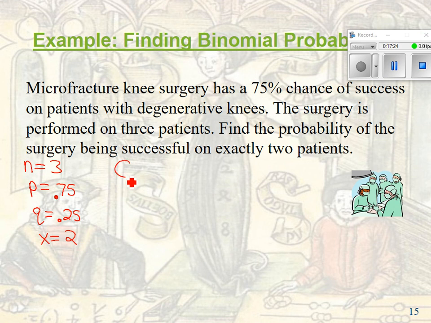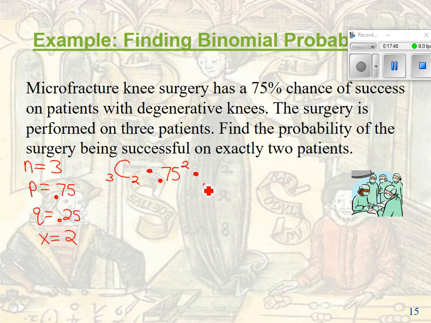All we're going to do on our calculators, I got C here, N goes in front, so 3 in front, X goes behind, then P. What's P this time? So 0.75, and you raise it to the X power.